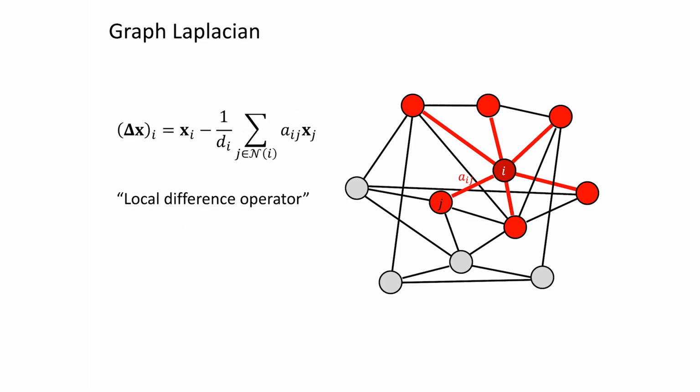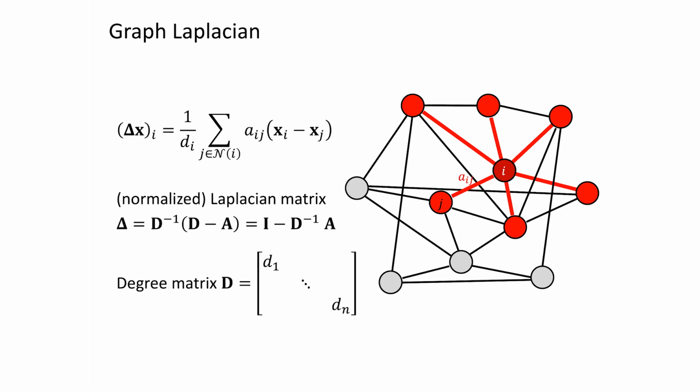Another important operation that we can do on graphs is what is called the graph Laplacian. Essentially, it's a kind of local difference operator. It subtracts from the feature at a node i the weighted average of the features in the neighborhood. And in matrix-vector notation, we can write it as multiplication by this sparse matrix that we denote by delta.